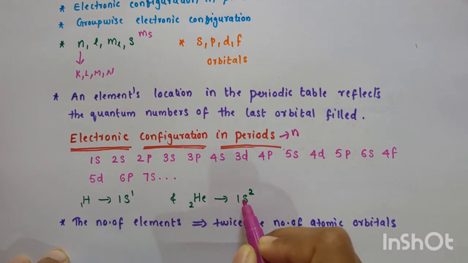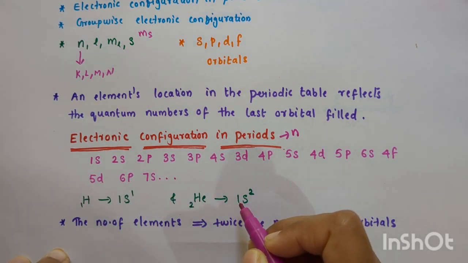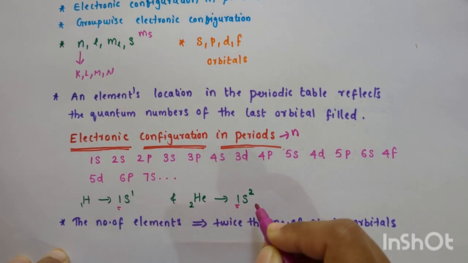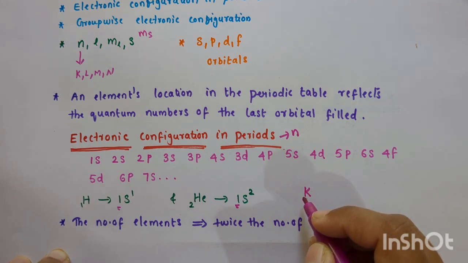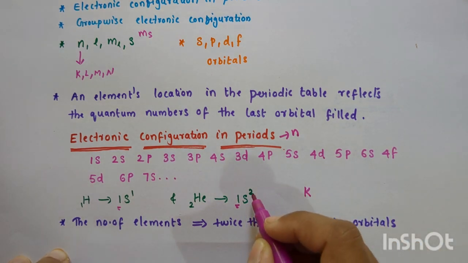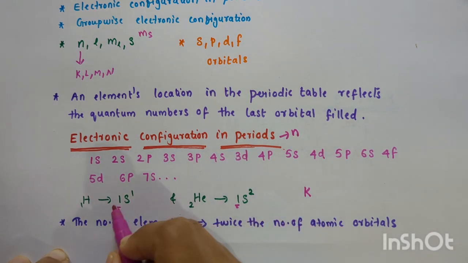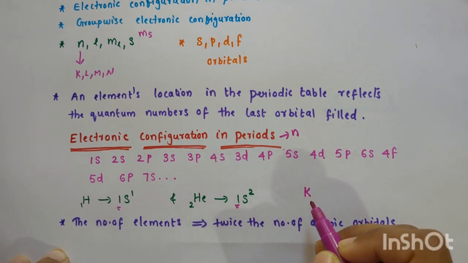For helium, it is 1s2. Here n is equal to 1, so the shell is the K shell, the first shell. The maximum number of electrons an s subshell can hold is 2, so the 1s level is completely filled for first period elements, and the first shell K is completed.